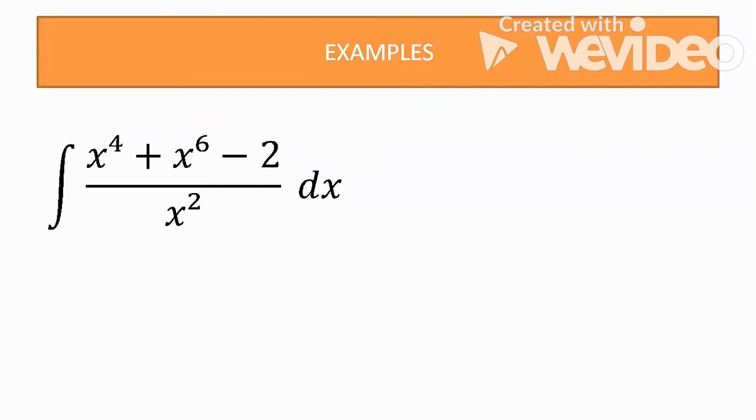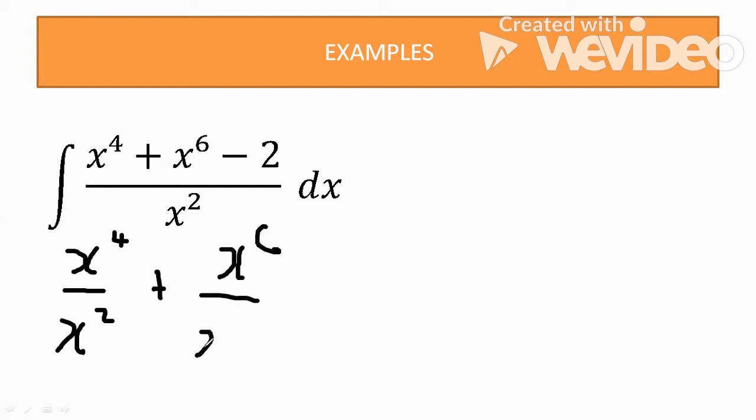For this question, we're going to simplify this, because we're unable to integrate that as it is at this stage. We have x to the 4, and we're going to divide everything by x squared, plus x to the 6 over x squared, minus 2 over x squared.